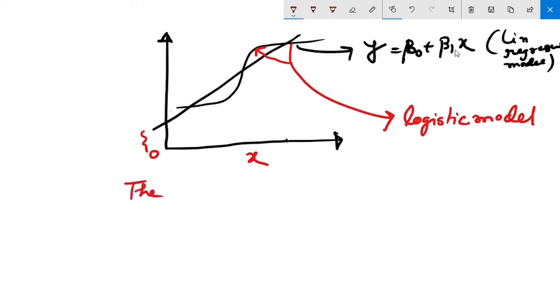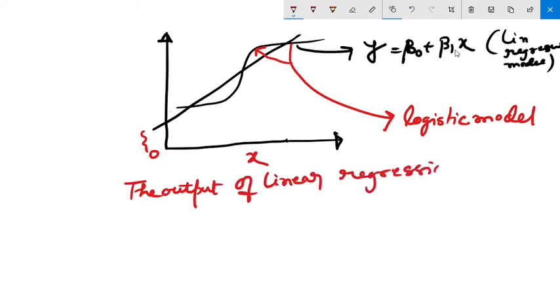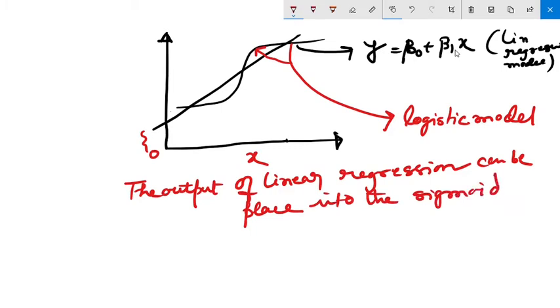The output of linear regression can be placed into the sigmoidal or sigmoid function. Okay, sigmoid function.